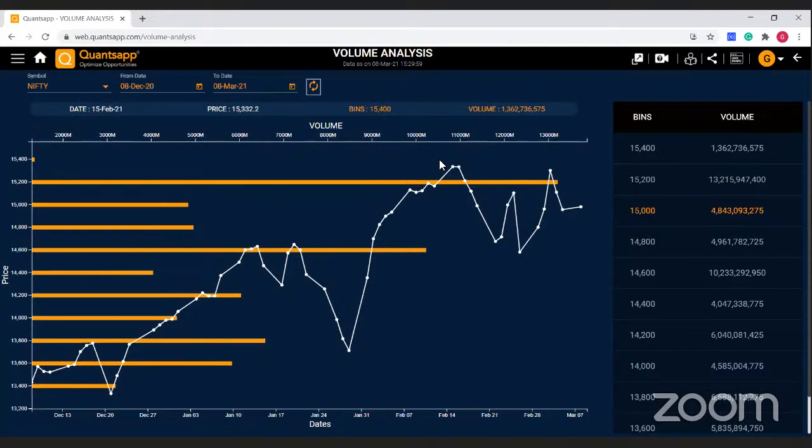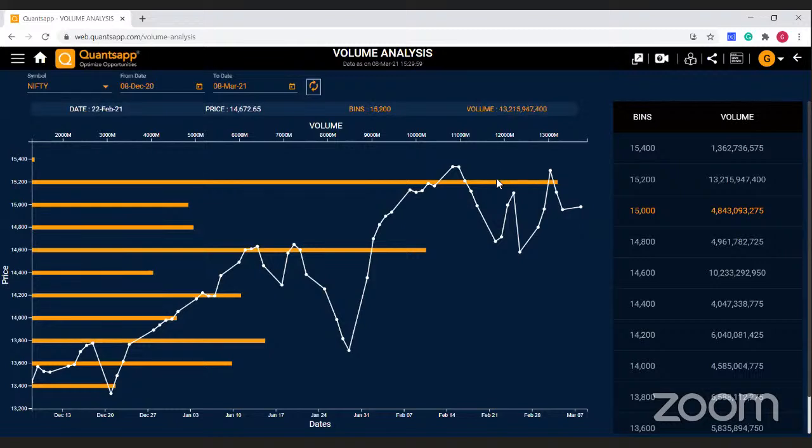Because this is the level where the highest volume has been seen in the last 3 months, which says there could be a movement the Nifty can take. If it is not able to break the resistance level, it's again going to fall. As we have seen, the Nifty tried to break the resistance level and fell back, tried to go up, and fell down again. So this is how I'm looking into the volume analysis to figure out the crucial levels of resistance and support.